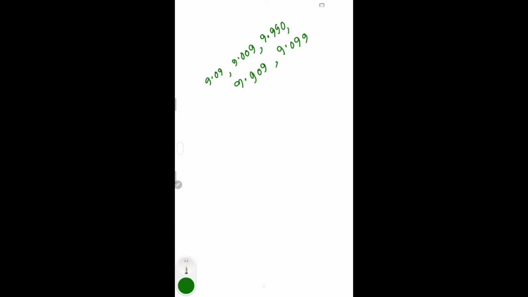These numbers have a really easy pattern. The numbers all begin with 9: 9.09, 9.009, 9.990, 9.909, 9.099. These all begin with a 9.